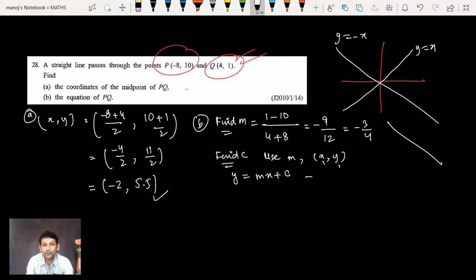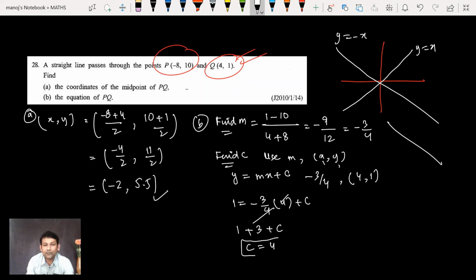So the gradient is minus 3 upon 4, and the coordinate is 4, 1. I substitute: y is 1, m is minus 3 upon 4, x is 4, plus c. The 4 and 4 cancel out, giving 3. 1 minus 3 is plus 3, and c is equal to 4.